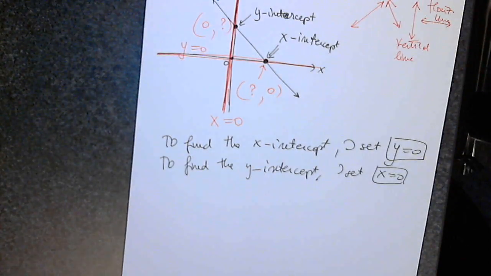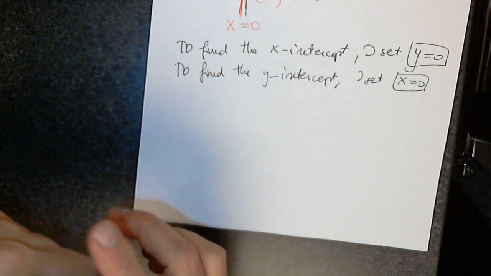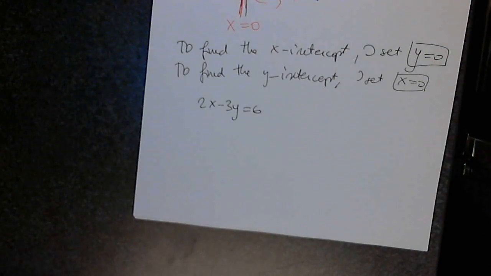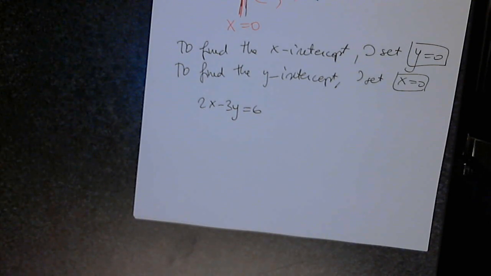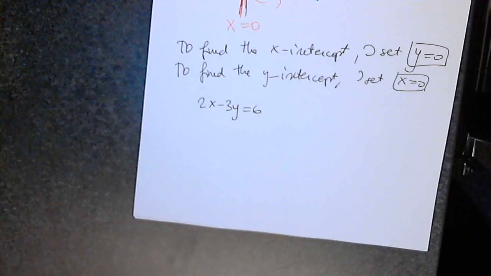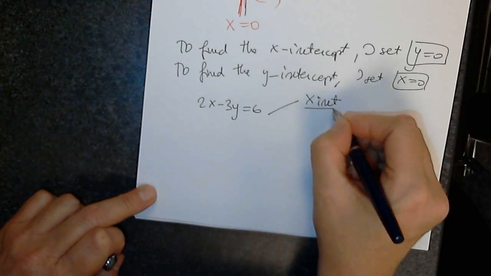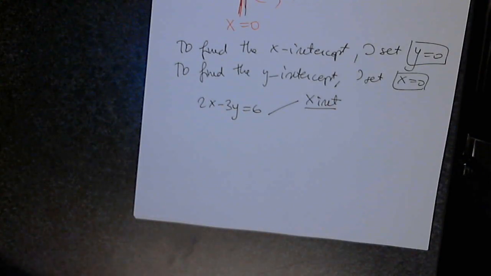So now I'm ready. Now I want to graph 2x minus 3y equals 6 using the x and y-intercepts. So in order to find the x-intercept one more time, I set y equals 0.